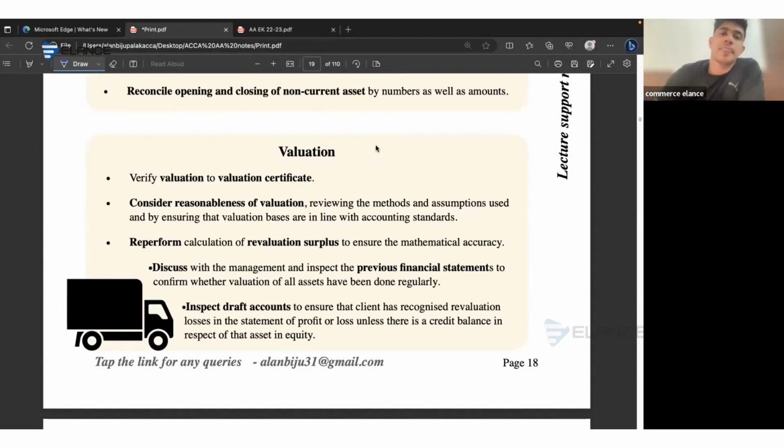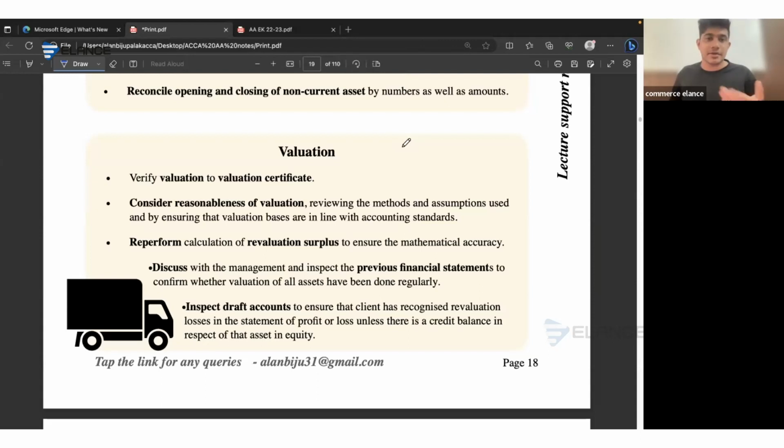But on the other hand, if it's a very normal company and their principal course of activity is not car manufacturing, in that case, for that company, car will be a tangible non-current asset. So in that case, you can provide substantive procedures for the valuation of tangible non-current assets itself. Because in both cases, the answer will be entirely different. When it comes to an inventory, we will be considering inventory to be recorded at lower of cost or NRV.